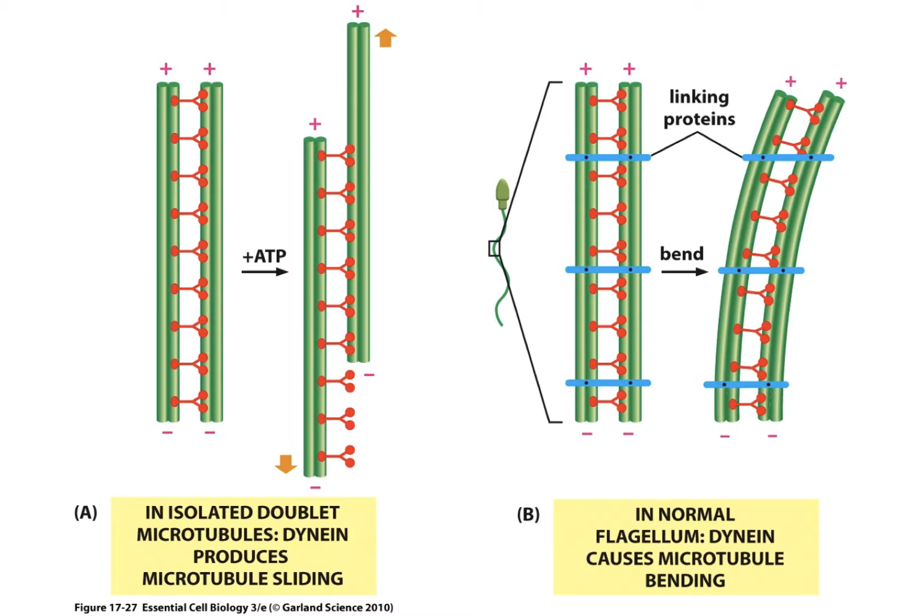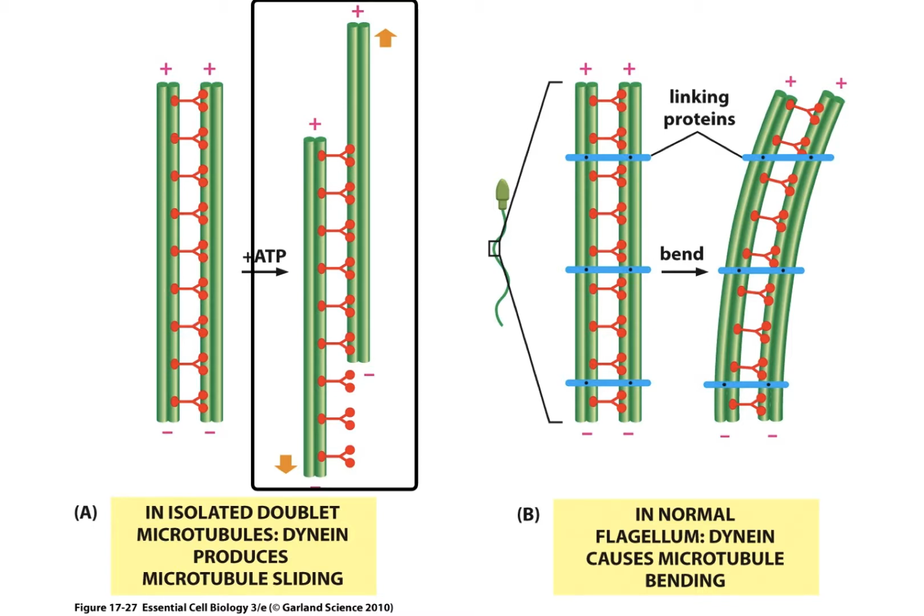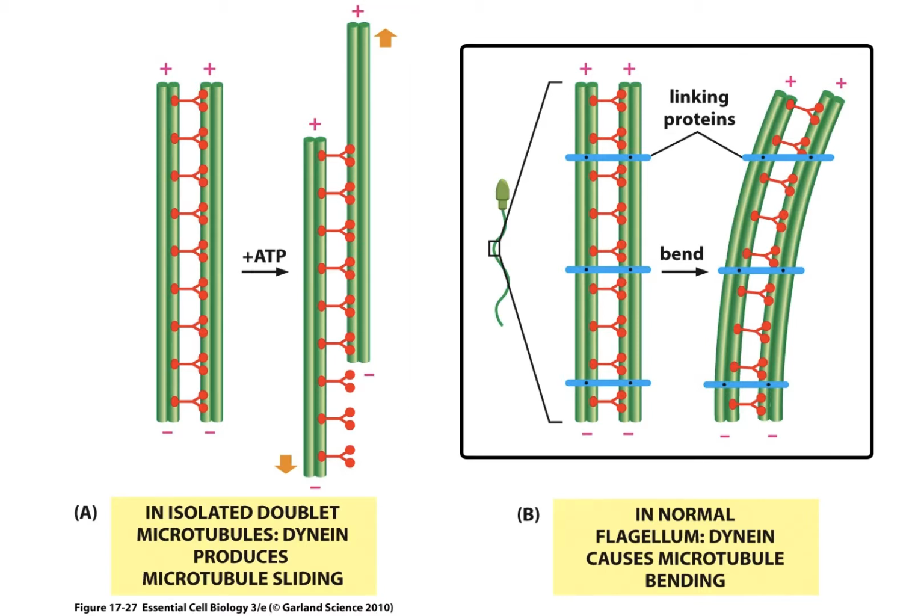So you can have two types of movement. One is shuttling these things with respect to one another. But if you have them within a membrane structure that is actually held in place by other things, then you get a bending. You still get a movement of one with respect to the other, but what's happening is you get a bending of that structure. And so, for instance, in a sperm or a choanoflagellate, you get this tail moving of that cilium or flagellum.